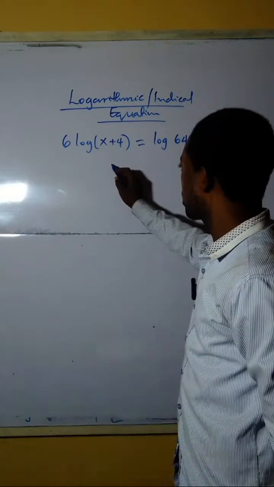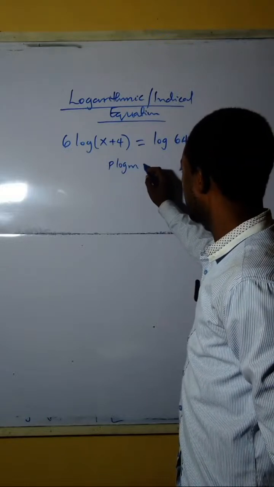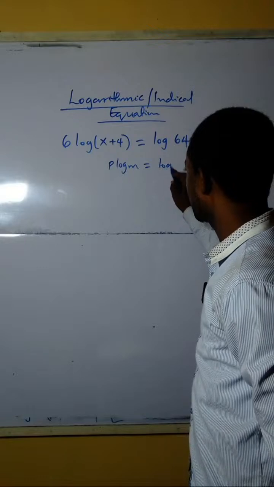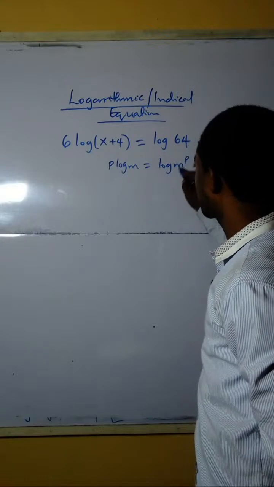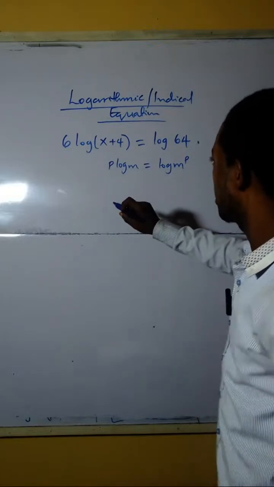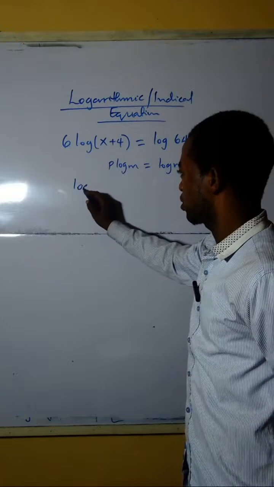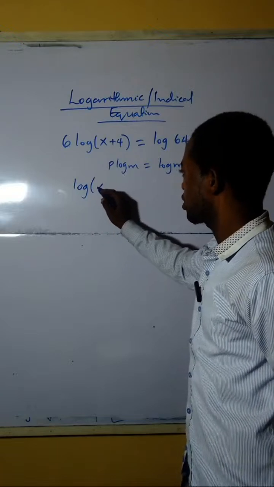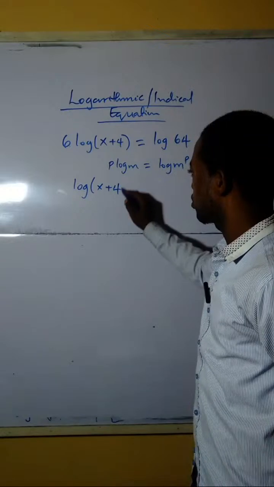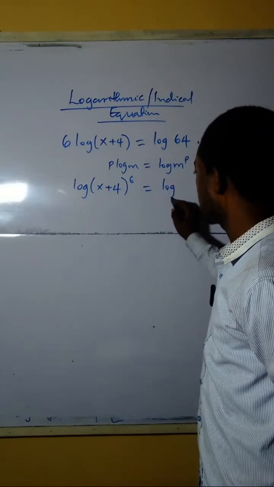From the power law of logarithm, when we have p log m, we can write this as log m raised to power p. So we can reverse this also. That is, here 6 can go up here, and we write this as log (x plus 4) all raised to power 6 equals log 64.